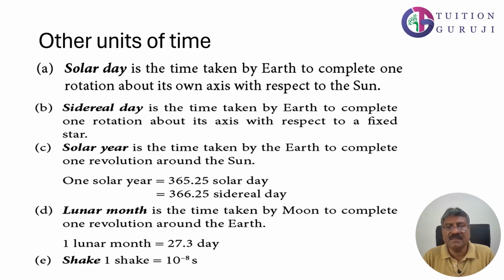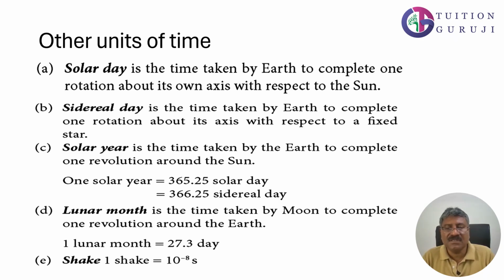For measuring longer times, we use the solar day, for example. It is the time taken by Earth to complete one rotation about its own axis with respect to the Sun. Or we use the sidereal day, which is the time taken by Earth to complete one rotation about its axis with respect to a fixed star. Then the solar year is the time taken by Earth to complete one revolution around the Sun.